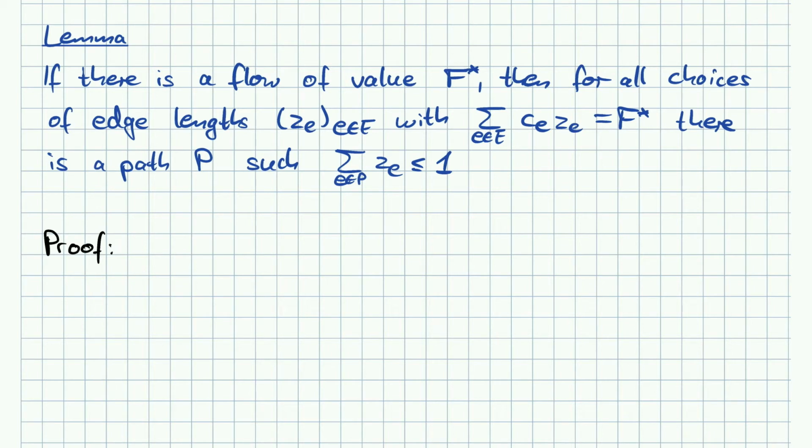How would we prove this? Well, we're now saying if there is a flow of value f star, so let x be a flow of value f star.